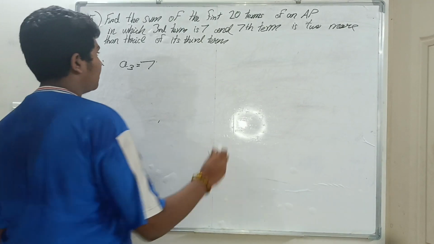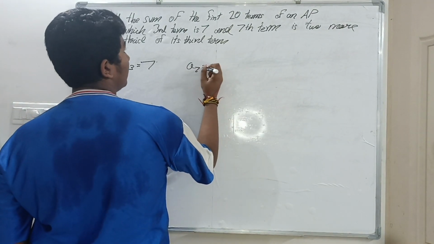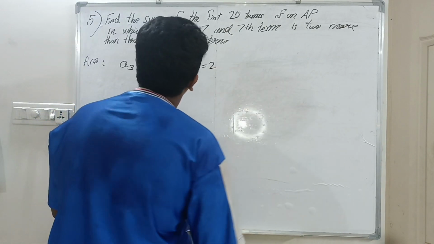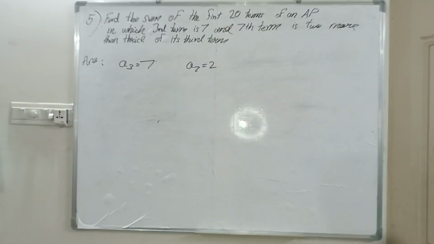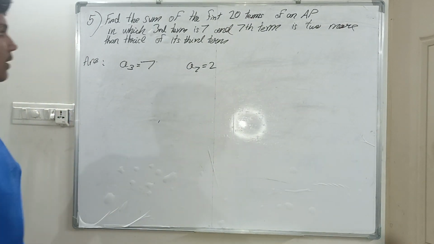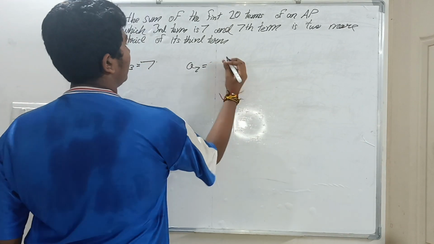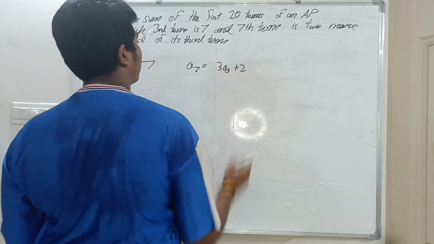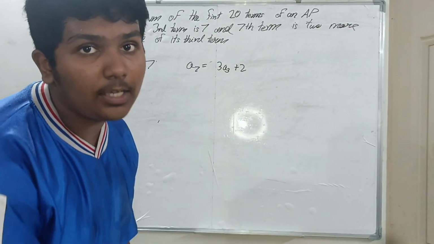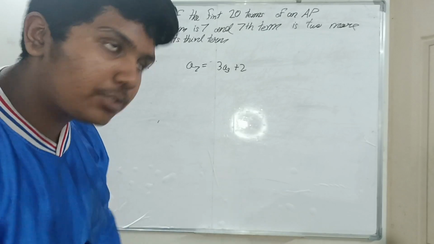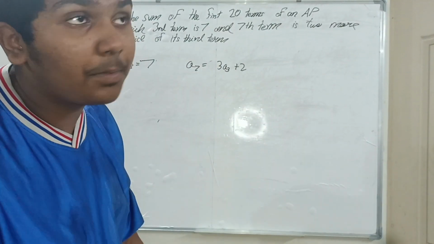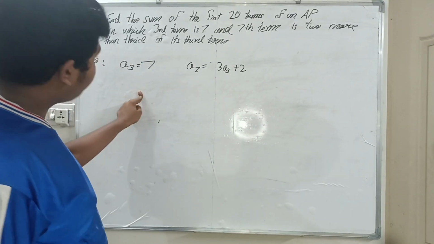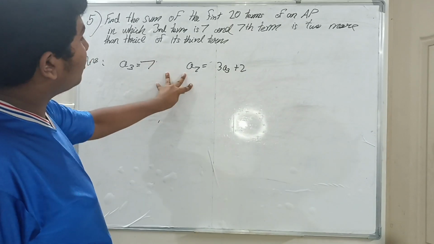What do you mean by that? Here the A7 is 2 more than thrice its third term. So what do you mean by that? It means it is 3A3 plus 2. Either you can put it 2 plus 3A3 or 3A3 plus 2. Now, what we have to do?